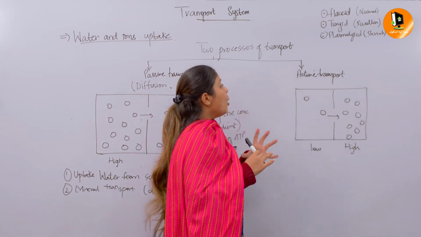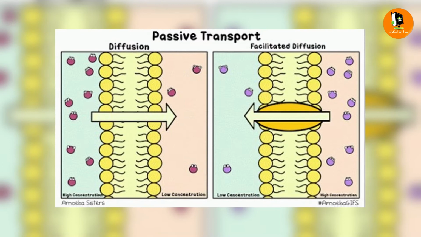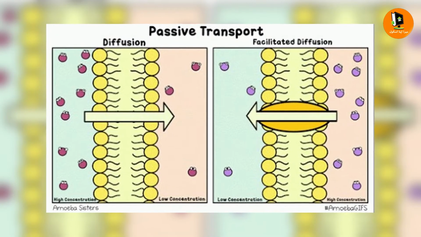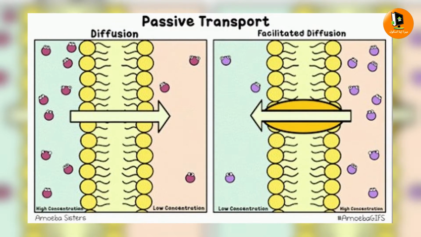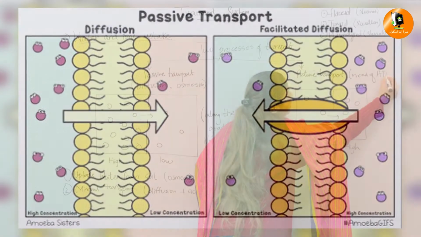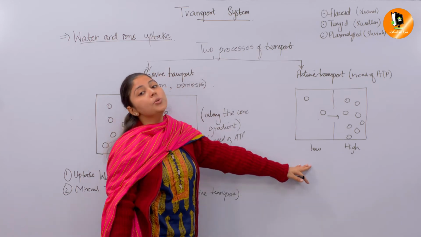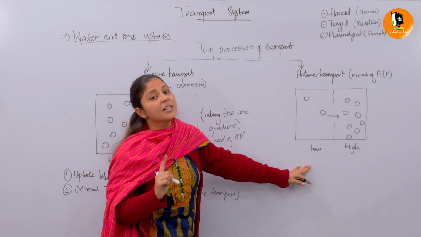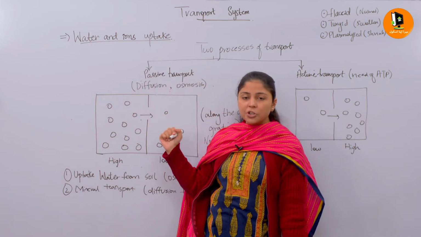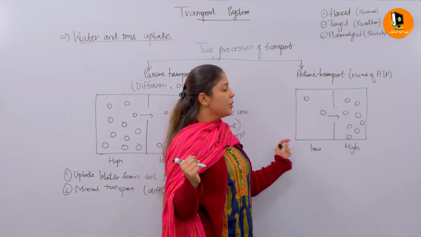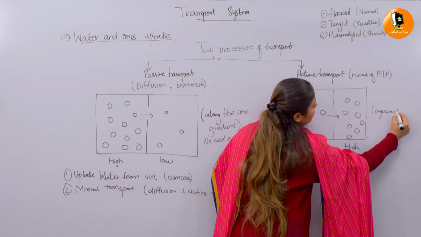But completely opposite to this is active transport. Why are we saying active transport? Because there is a need of ATP, a need of energy, okay. Why do we say need of energy? Because in passive transport the molecules move along the concentration gradient, but in active transport we are saying against the concentration gradient.